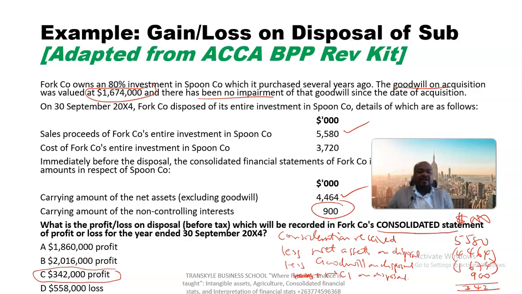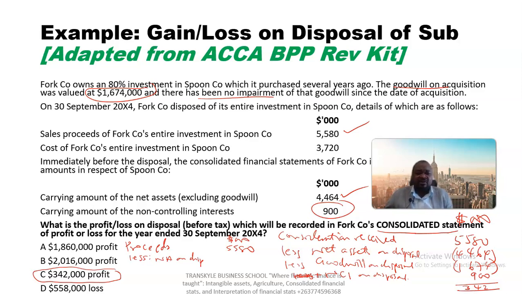Okay, now let us try to use the other formula as shown there. Suppose we just say the proceeds is just the same as consideration received. Proceeds in thousands. The proceeds were 5580. Less, we just want to put one less there. Less net assets. Let's start with the net assets on disposal.